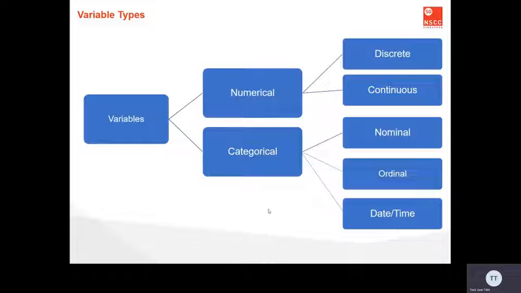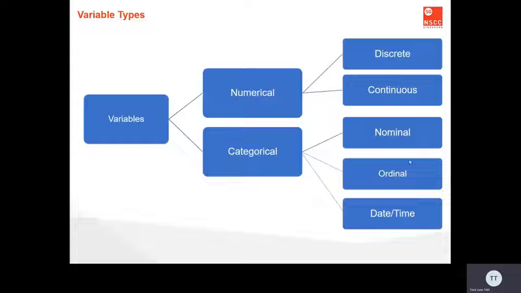There are two different types of variables. You have numerical variables and categorical variables. For numerical variables, you have discrete variables and continuous variables.